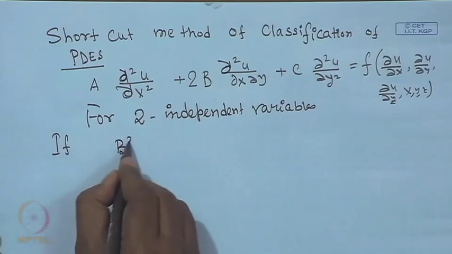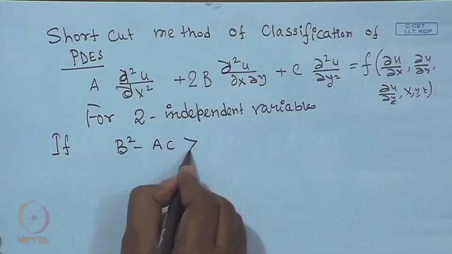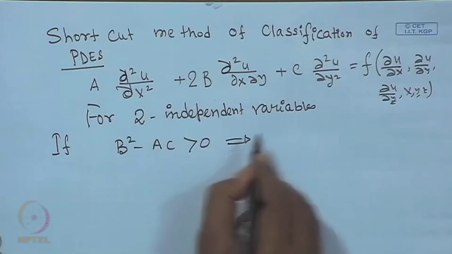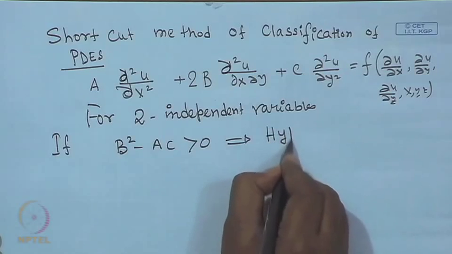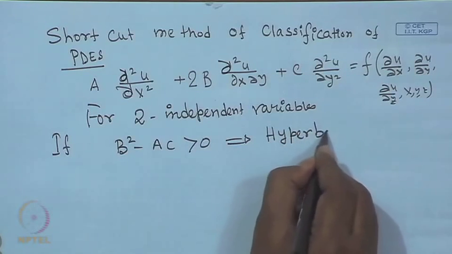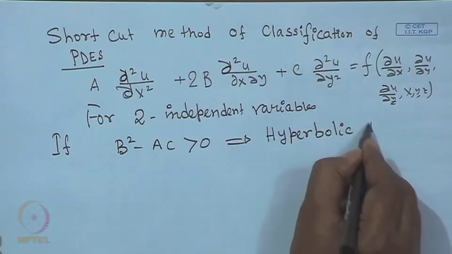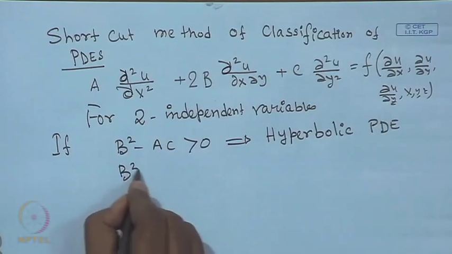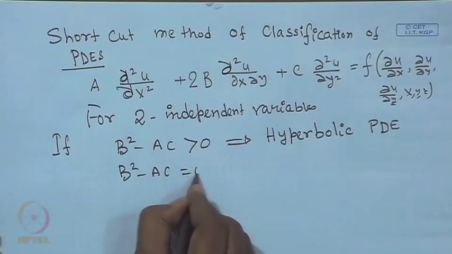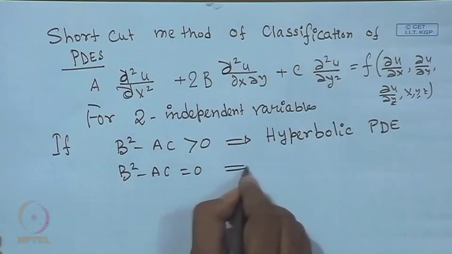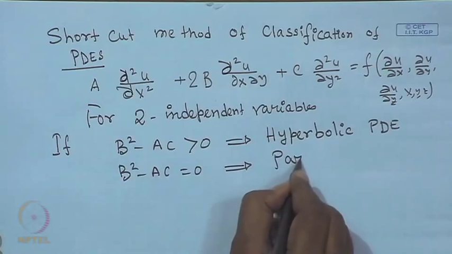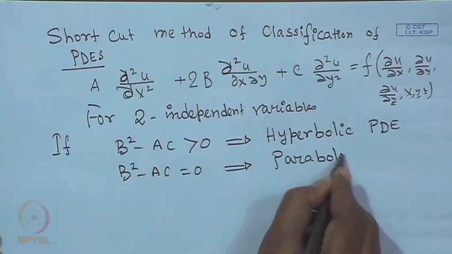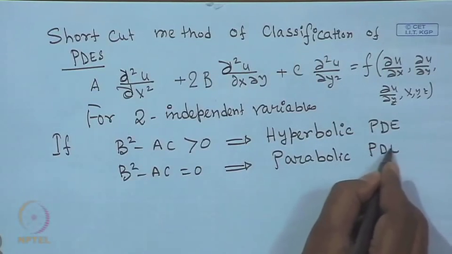If b square minus ac is greater than 0, then we are talking about a hyperbolic partial differential equation. If b square minus ac is equal to 0, then we are talking about a parabolic PDE.